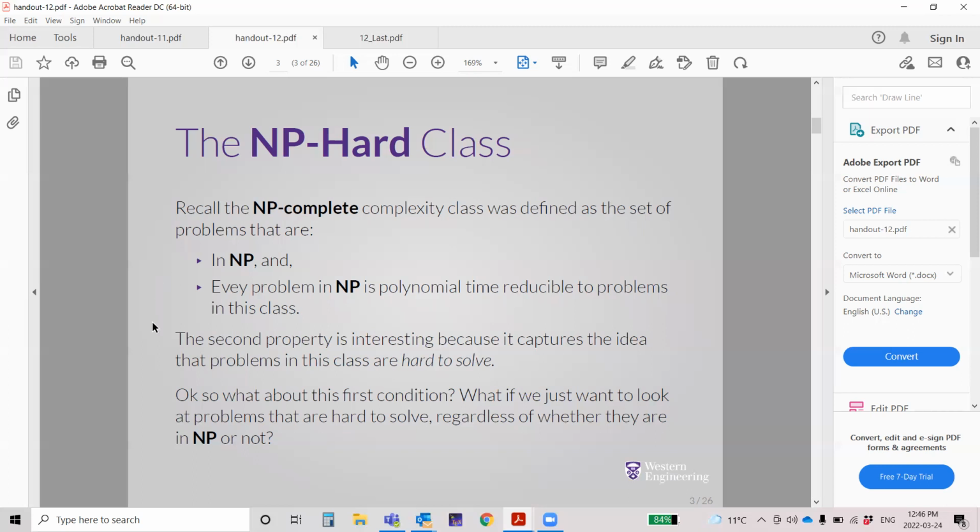Is that clear, guys? Yes, no? Answer in chat. Okay. So we said that NP complete problems are very hard to solve, correct? Yes.